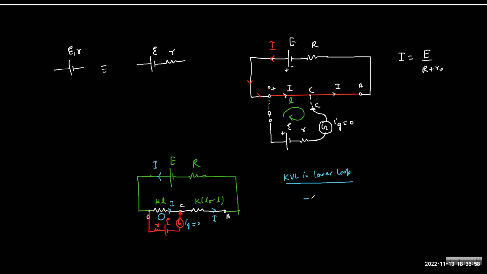K times L. Correct. So it's minus IKL. It looks nice. So minus IKL, then plus E. And because there is no current in the lower circuit, R will do nothing actually. So can we say this is equal to 0? Yes or no?